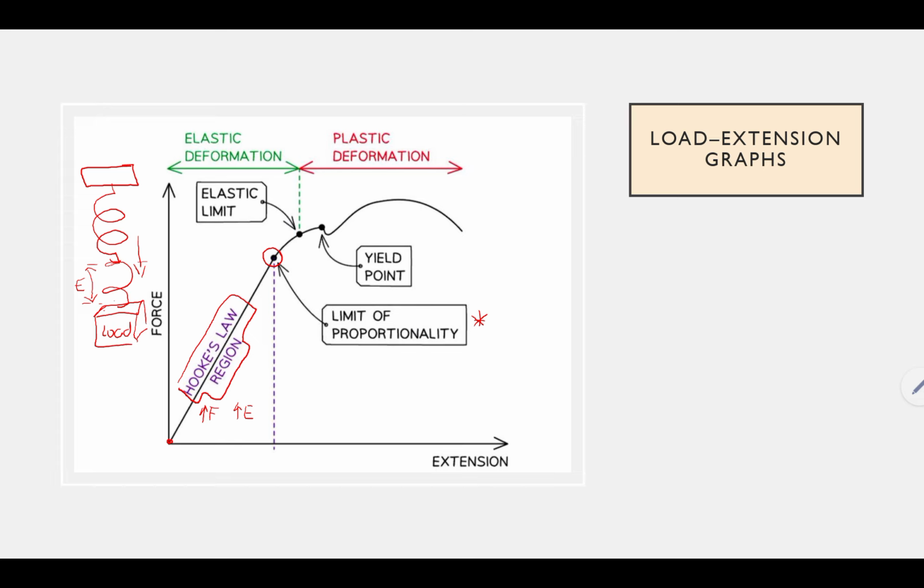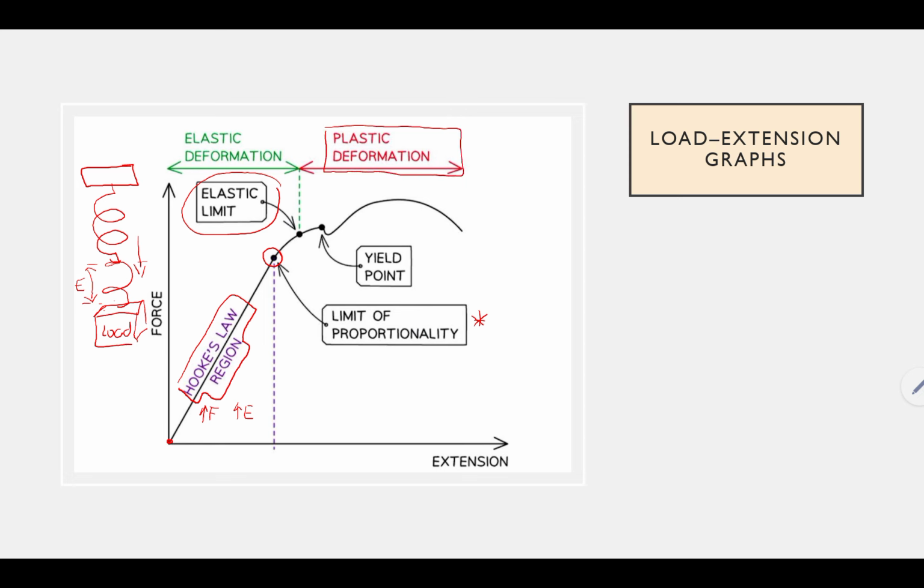It is a little bit elastic, and that's why it's still within the elastic limit. After that, if I increase it a bit further, this is when the elasticity of my spring is no longer working, and this is what we call a plastic deformation.